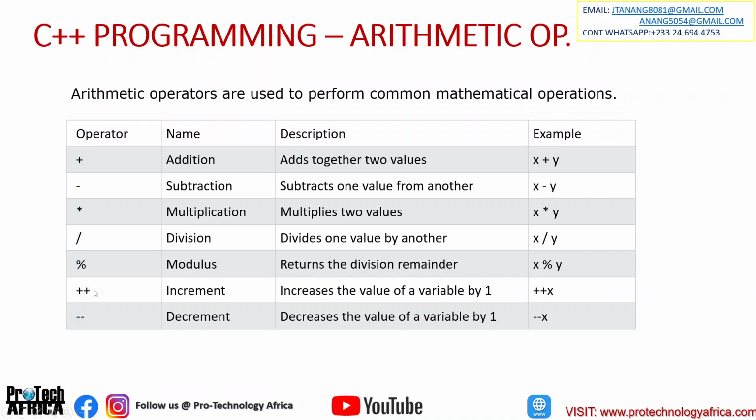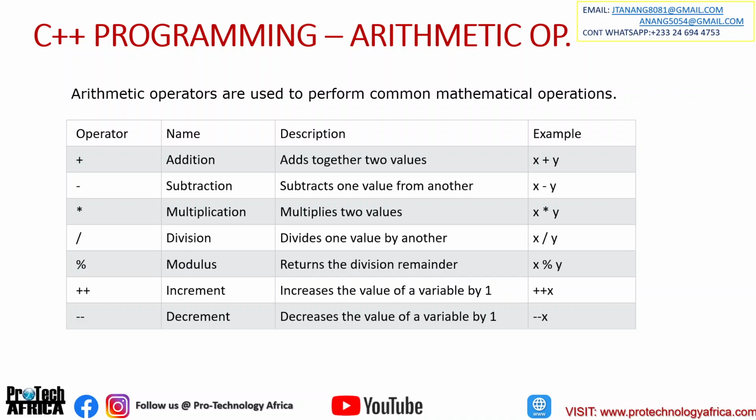And then we also have the increment, which increases the value of a variable by one. So if x is 5, and I write x plus plus, it means the new value of x will no longer be 5, but it will be 6. Why?